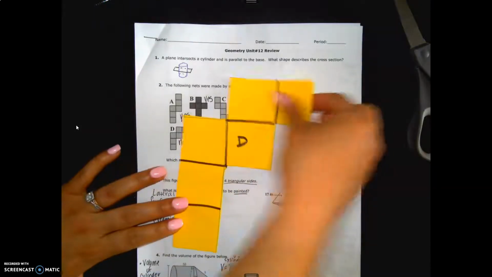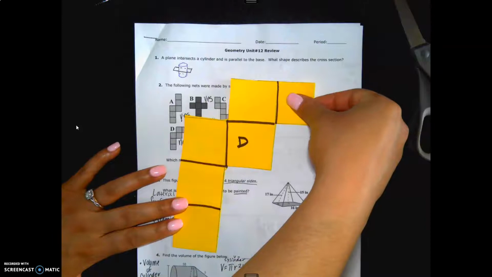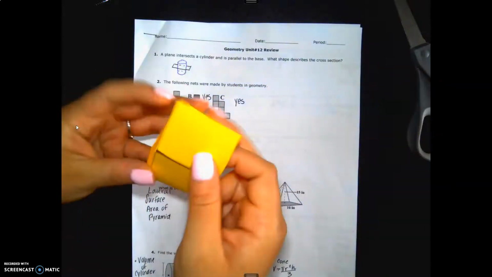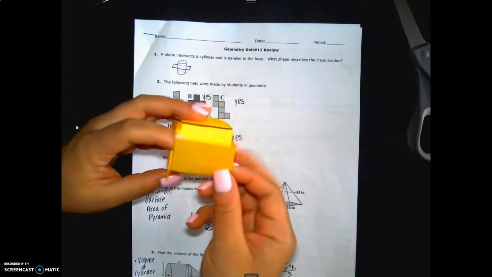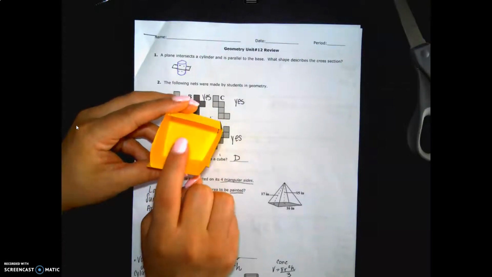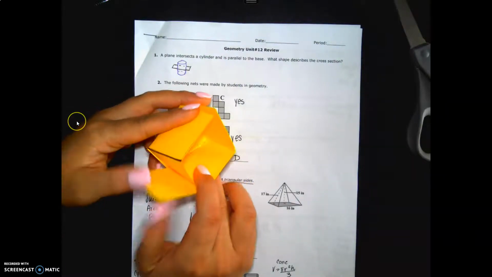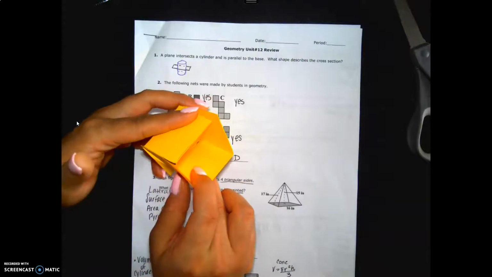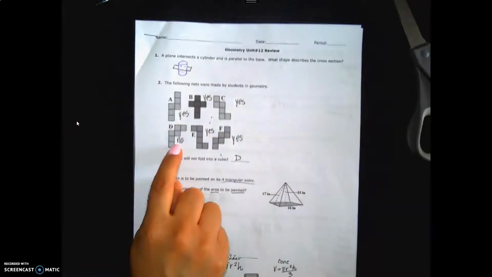D looks like this. If we folded it up, we realize that these two overlap each other, and one of the faces is missing right here because we've got an overlap on one side. So we found out that D was a no.